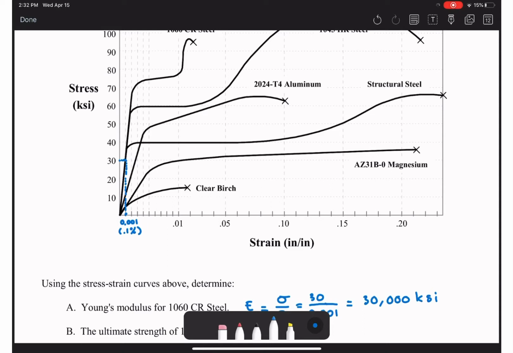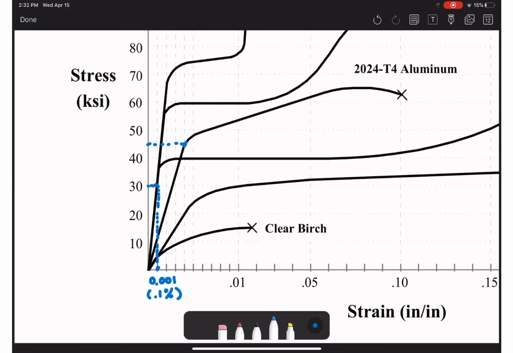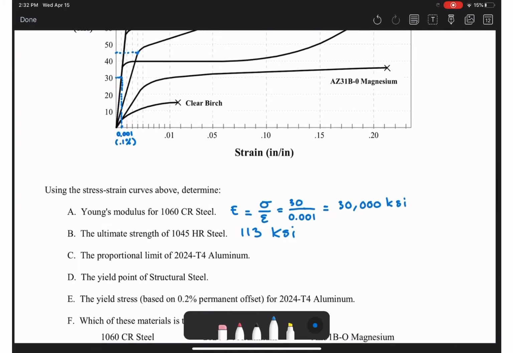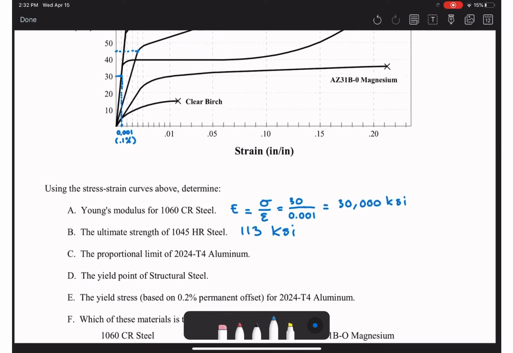As you can see, for that aluminum it stops somewhere here, so from 0 to that point. If we break it down, that is in the middle of 40 and 50, so let's say the proportional limit is 45 ksi.